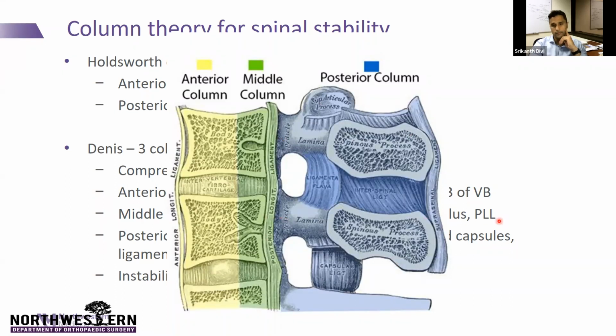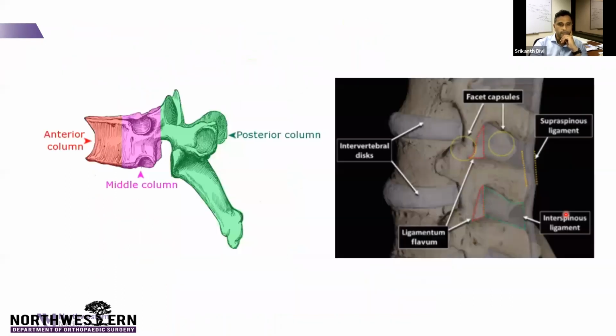So the pedicle and back, including all these ligaments. Here's another picture depicting the thoracic spine, with the anterior, middle, and posterior column. I think this is just a good way to think about it, not necessarily that you'll use this nomenclature, like talking about anterior middle column injuries. It's just a good way to think about it.